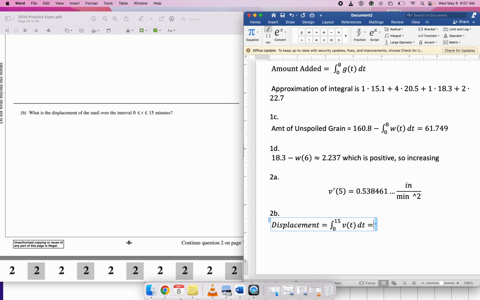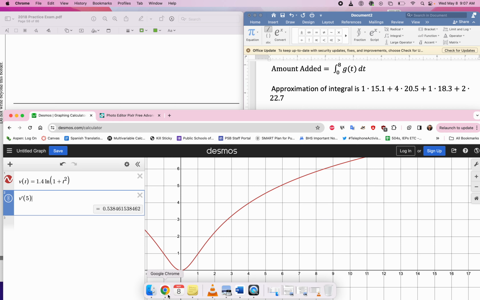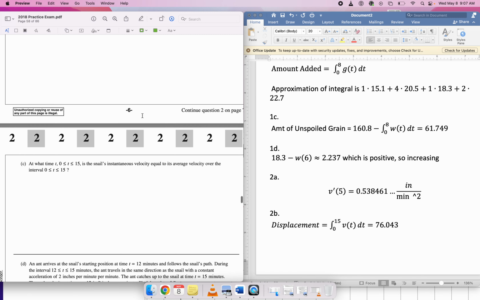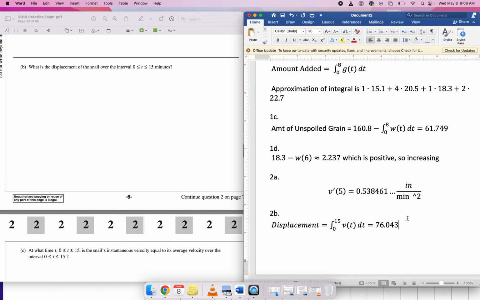Distance traveled would be the integral of the absolute value. This is displacement, so it's just regular v. So integral from 0 to 15, v of t dt, 76.043. Cool. Oh, and the units, what are the units? Inches.